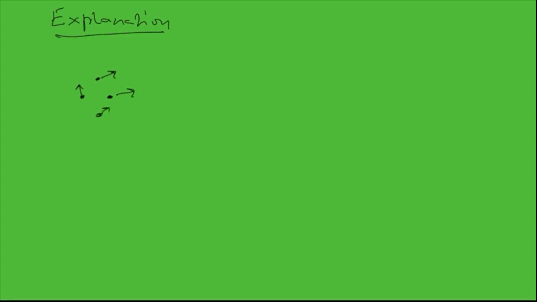Because of this constant random movement, the particles tend to distribute themselves evenly throughout any space in which they are confined. So the higher the concentration at a particular spot, the greater the movement would be out of that spot and into a region where they are less concentrated.